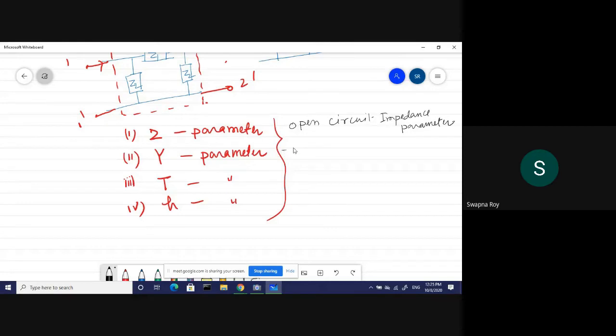Y parameter means short circuit admittance parameter. T parameter means transmission line parameter. H parameter means hybrid parameter.